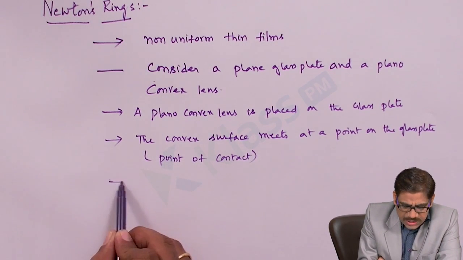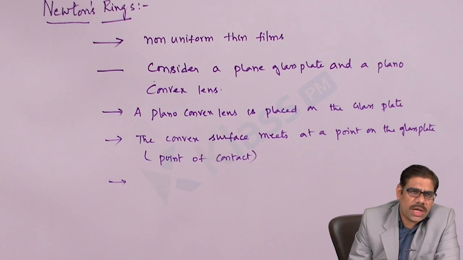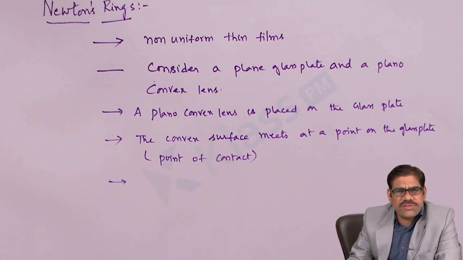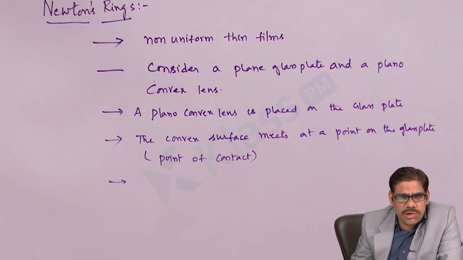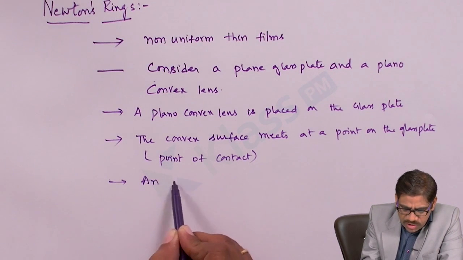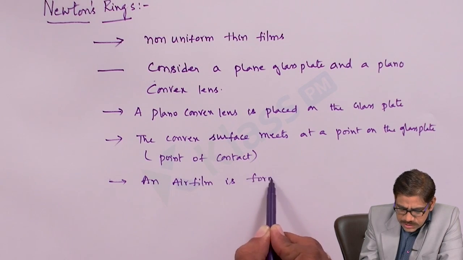Now, in this particular case, we show it in terms of a diagram. When the convex surface is placed exactly on top of a glass plate, there exists a point of contact.